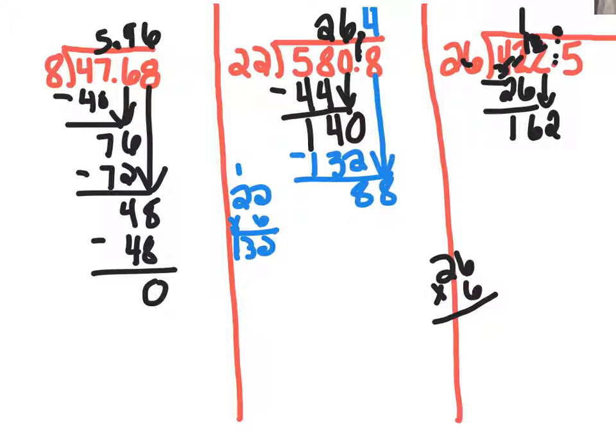And I know that 6 times 6 is 36, and 6 times 2 is 12, plus my 3 will give me 156, and that's actually only 6 away from 162, so it looks like that's a better estimate than using 5, so we're going to go ahead and go with that. So I put the 6 up top, and I have my 156, and I need to subtract.